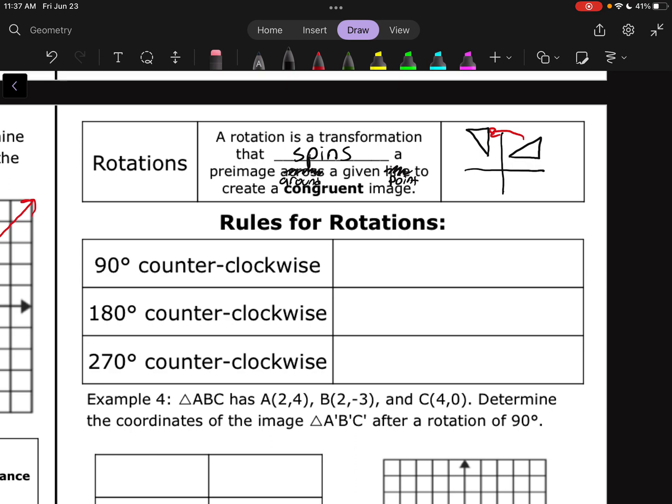A 90-degree counterclockwise rotation would be (-y, x). A 180-degree counterclockwise rotation would be (-x, -y). And 270 degrees is going to be (y, -x).